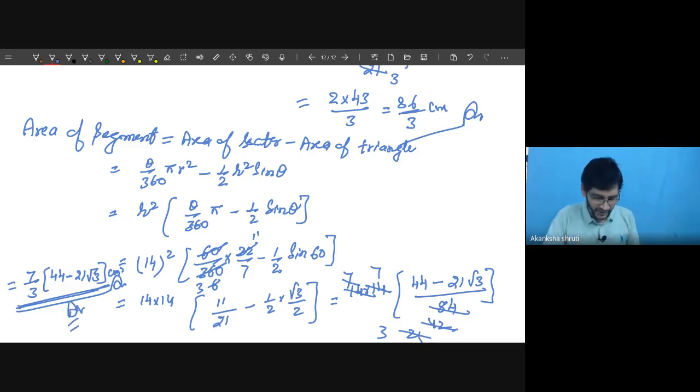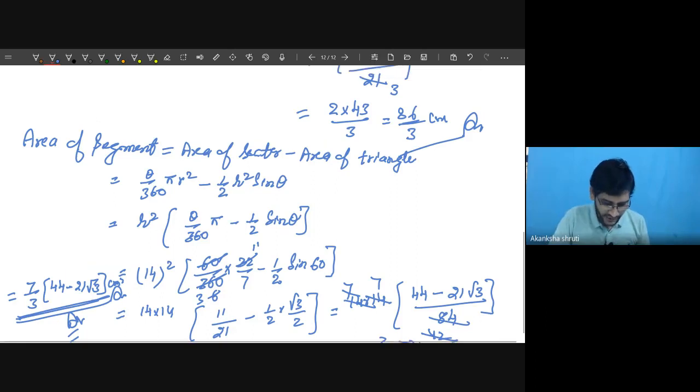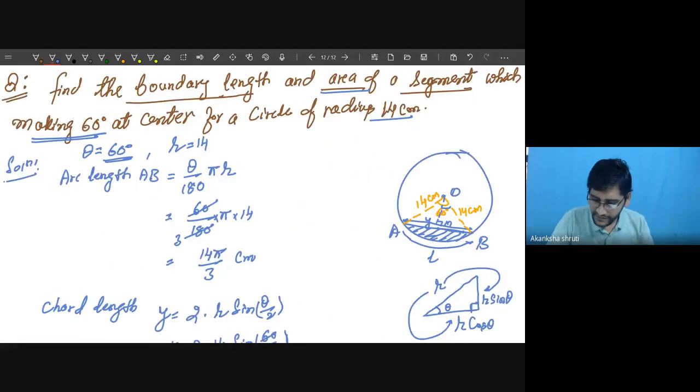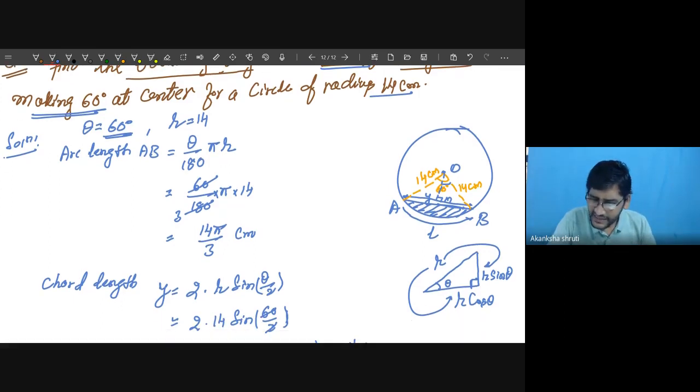This way we have learned how to calculate, for a given segment, its boundary length and its area, wherever the angle subtended at the center is given. The other case is, rather than the angle at the center, sometimes the chord length itself is given.